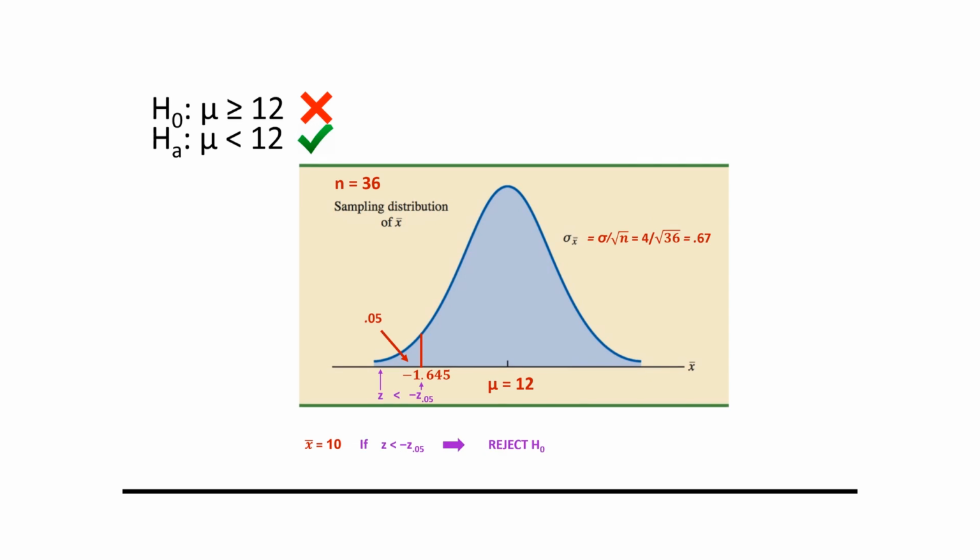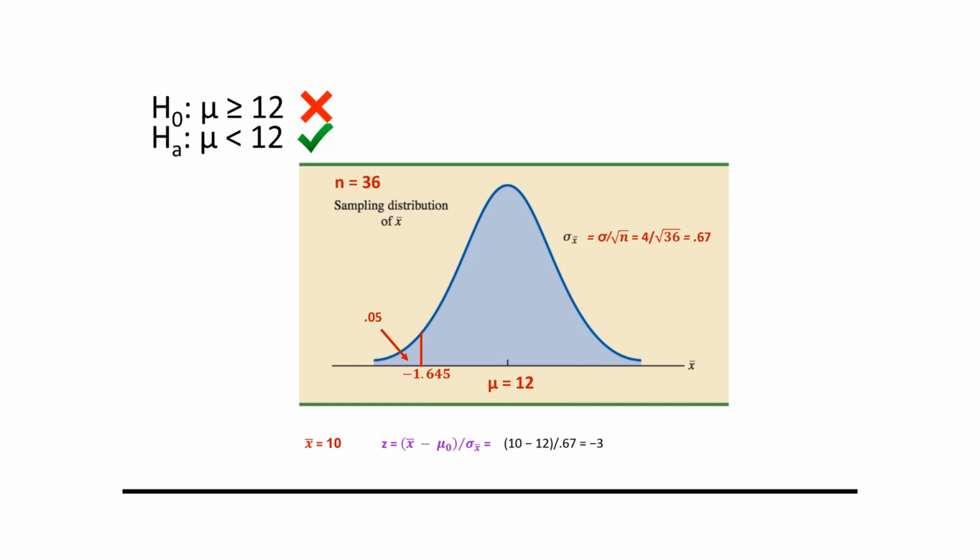If it is more than 1.645 standard error below the mean, we'll say it is extremely low enough that we have ground to reject H0. If it is less than 1.645 standard error below the mean, then we'll say it is not extremely low enough of a value to give us ground to reject H0.